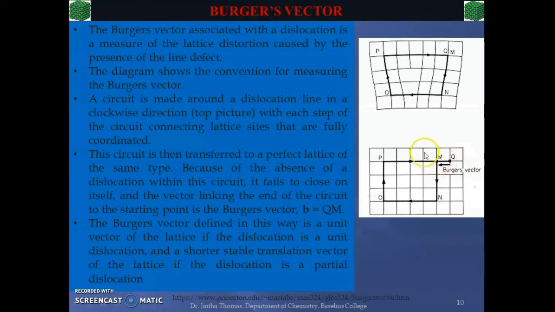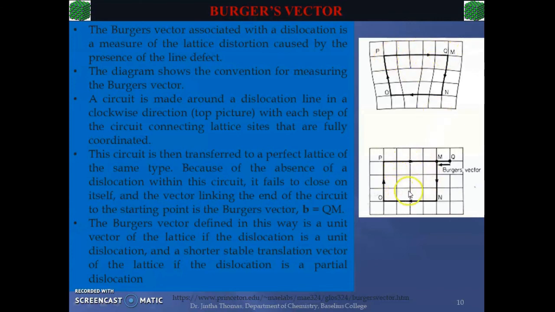So what we are doing here, initially we draw the Burgers circuit in the case of a defective crystal that contains an edge dislocation, and we are drawing the loop surrounding the area through which the dislocation line passes. Then we transfer the same loop, the Burgers circuit, into a perfect crystalline system. Here, as you can see, there is an extra half plane, so this part is wider.